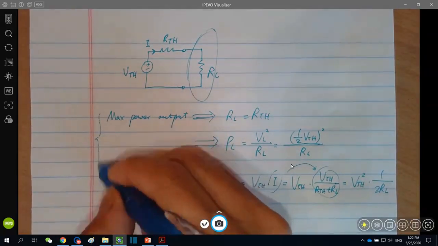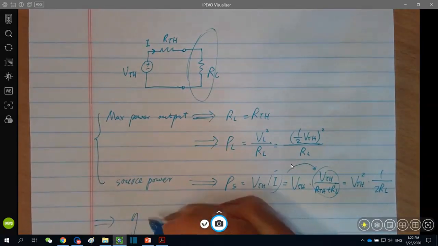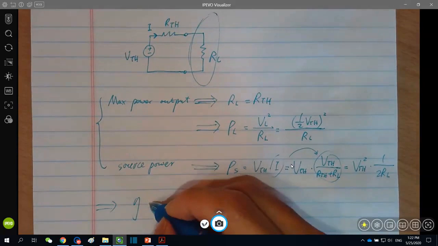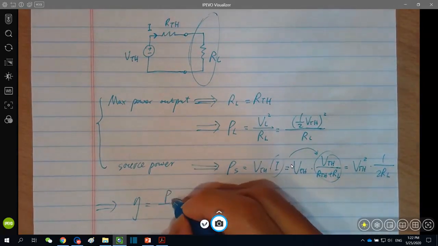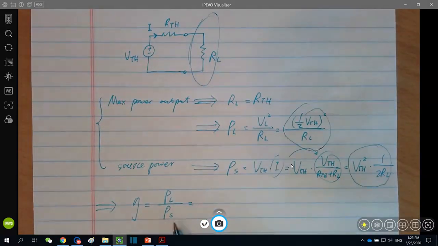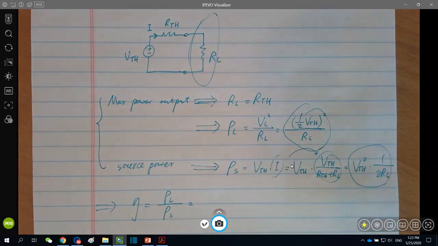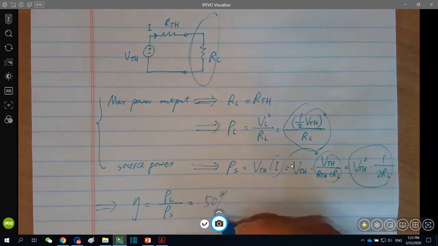So combining these two results, we find the efficiency, which is equal to, again, PL over PS, output over input. And then what is the result? According to this ratio, we substitute PL and PS by these two results, and you can find the efficiency at maximum output power turns out to be 50%.